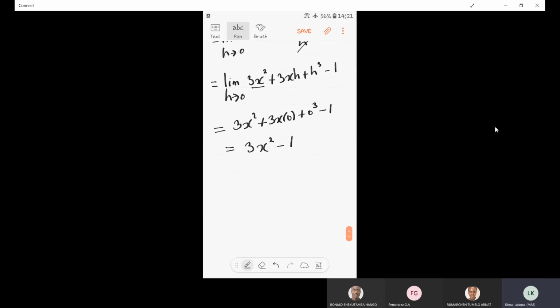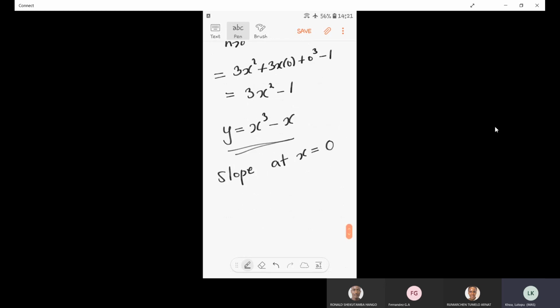So what this means is, if I want to find the gradient at any point on the curve, where the curve is y equals x cubed minus x, and I want to find the slope, let's say at x equal to 0, I will say 3 times 0 squared minus 1. This is equal to minus 1.